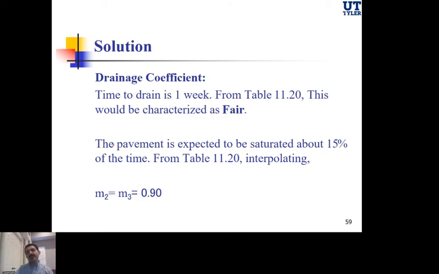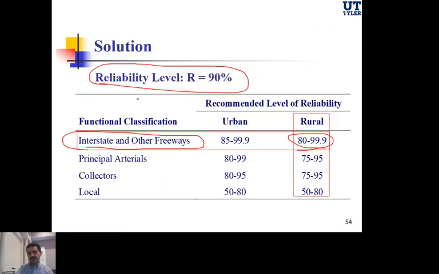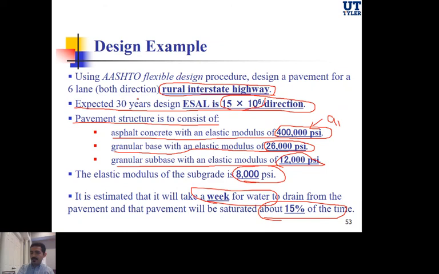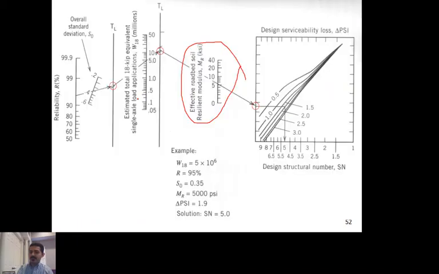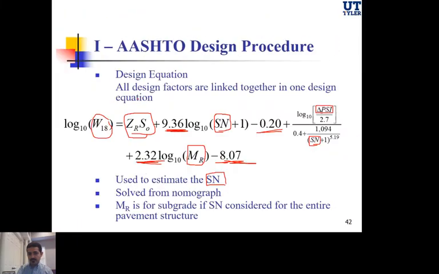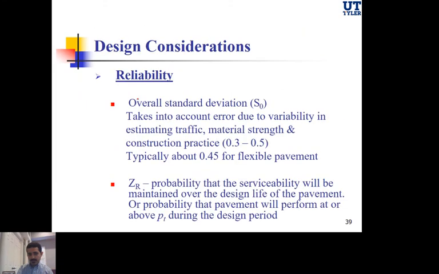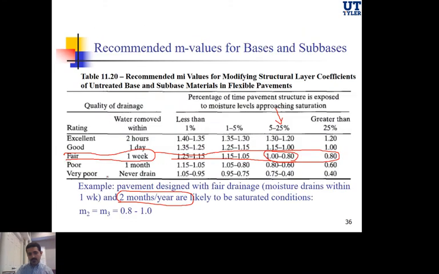The last thing we want to get here is the drainage coefficient. Remember, it was told to us that I am going to have 1 week of the water staying on the surface until drainage happens, and the pavement will be saturated for 15% of the time. If you go back to the table that we talked about last time, for 1 week, it's a fair condition, and since it was 15%, it's going to be between 5 and 25.